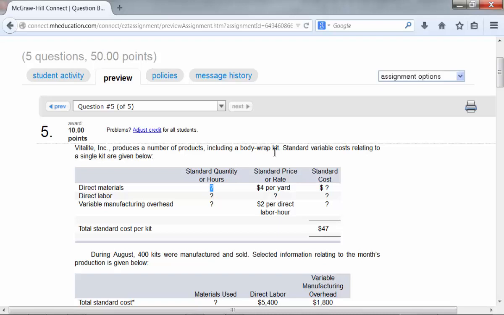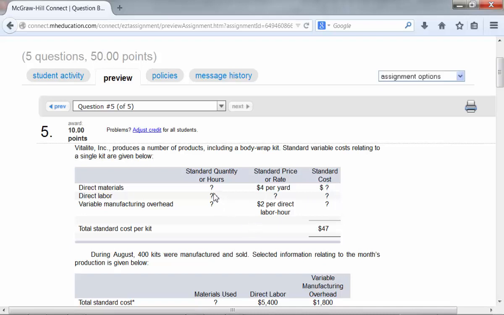It's a body wrap kit, so the materials are in yards of body wrap. And then right here is per yard, how much does it cost the company to purchase the materials. And so for one kit, this would be the standard cost. If one kit requires 4 yards of materials and each yard costs $4, then for one kit it's going to cost the company $16 in terms of direct materials.